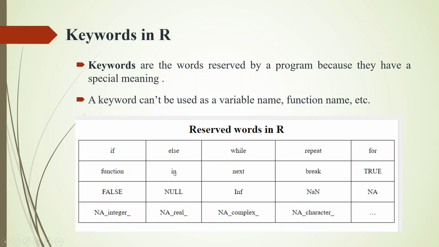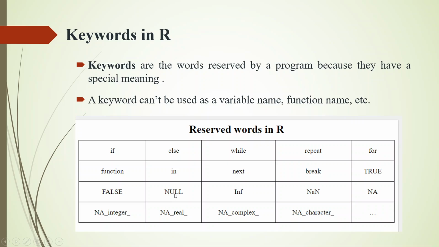Also we have another keyword, int, which is also available in Python, and we have the keyword next. In C programming we have the keyword continue, which skips the current iteration and goes for the next iteration. The same functionality can be done by this keyword, next.